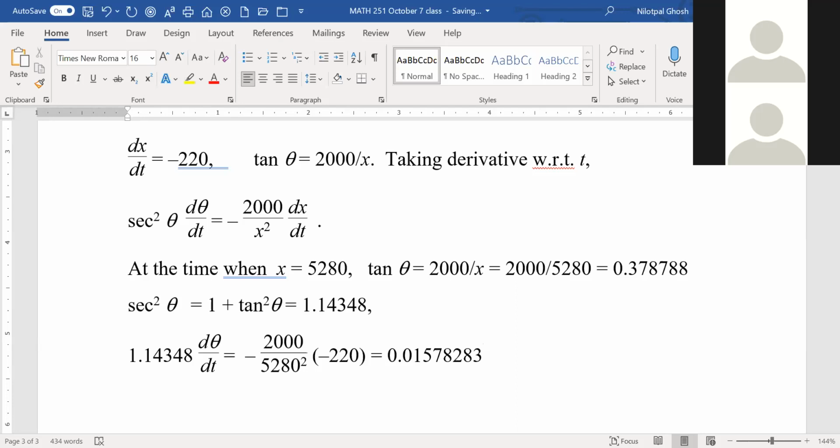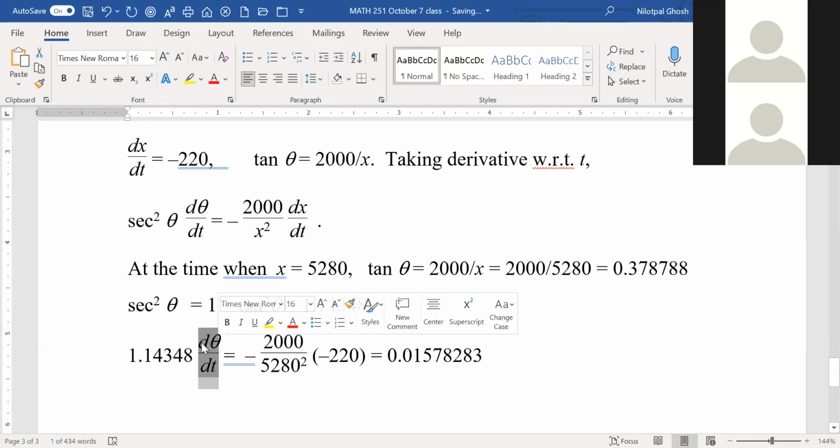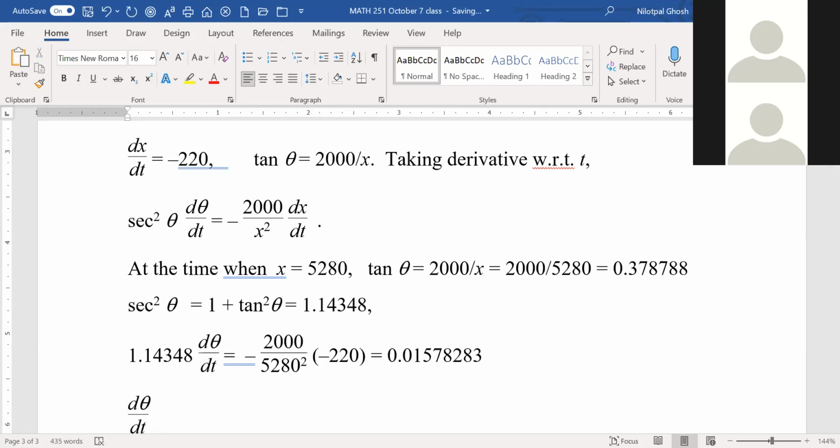Then d theta/dt would be whatever number we got divided by 1.143, this number, right? Divided by 1.143, etc. You can calculate that number.